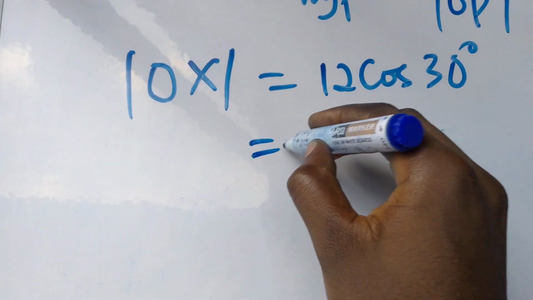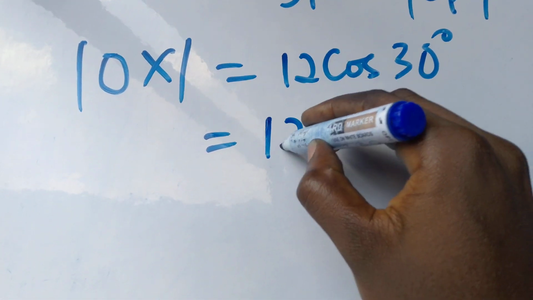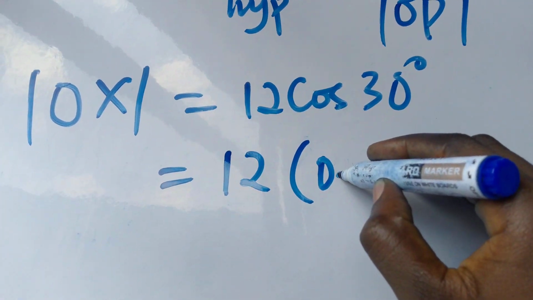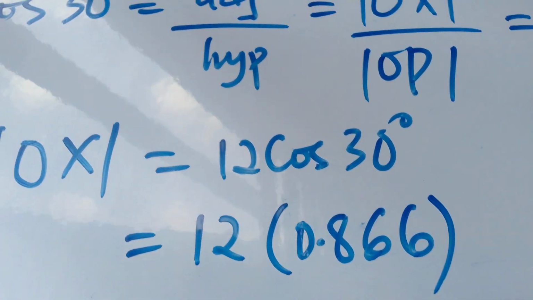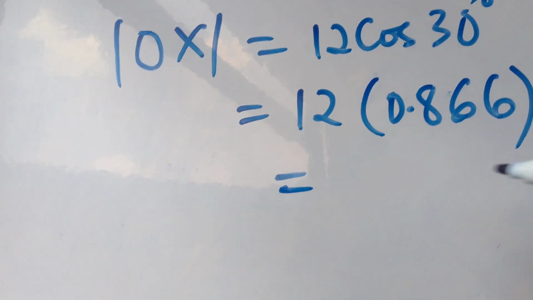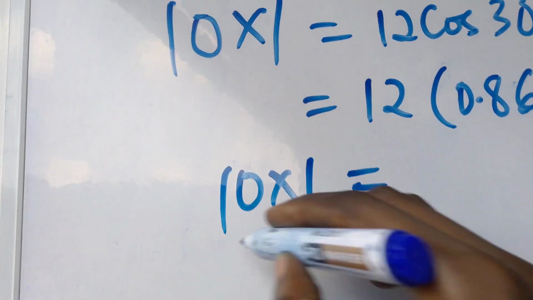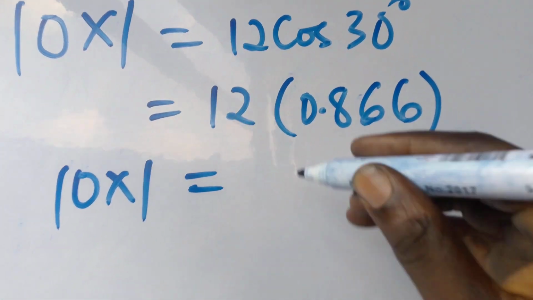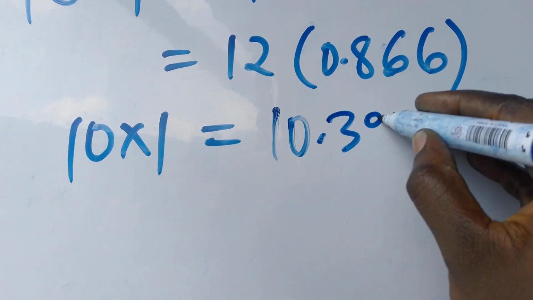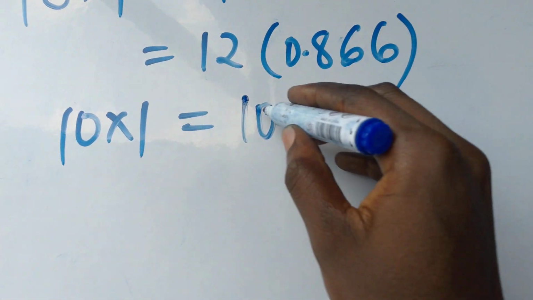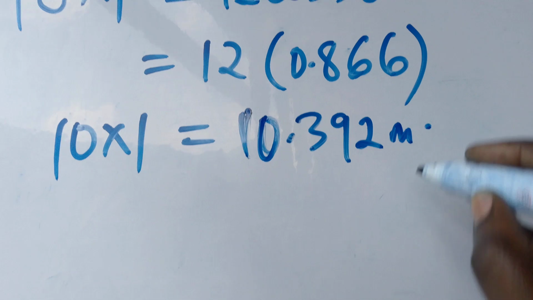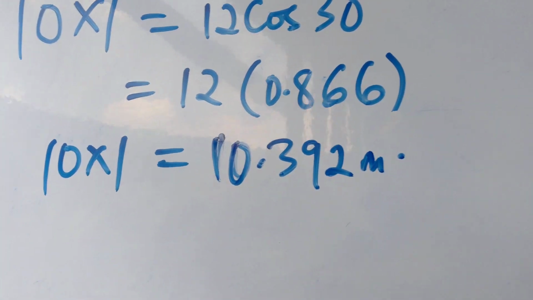So distance OX equals 12 times 0.866, which by multiplication gives 10.392 meters. So that is distance OX.